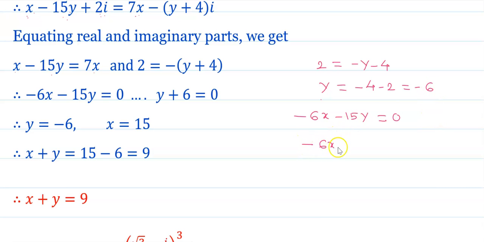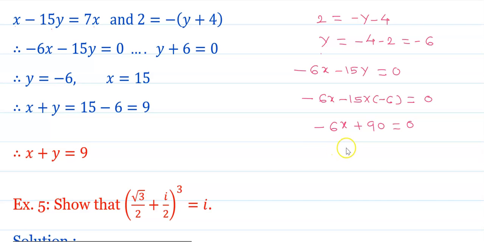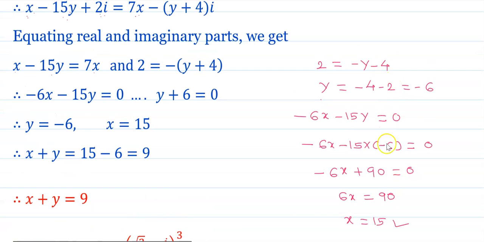Minus 6x minus 15 into in bracket minus 6, and that's equal to 0. And hence minus 6x plus here is 90, and that's equal to 0. And therefore 6x is equal to 90, and hence x is equal to 15. That is 90 upon 6. You are getting here 15 if you evaluate it.